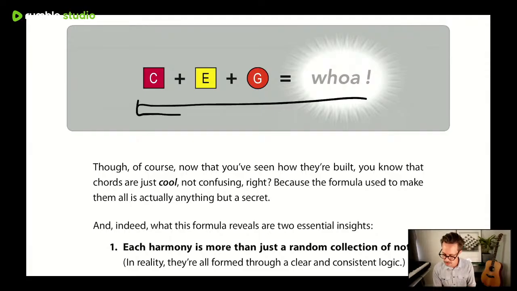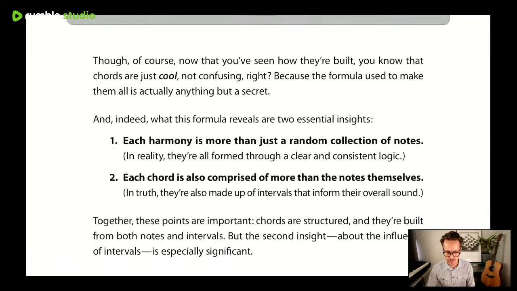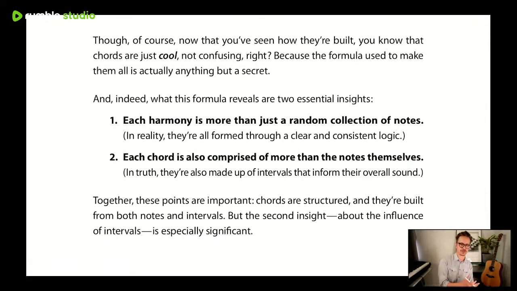But we're going to get into the underlying logic of how those were formed, and it's going to make a lot of sense. So, of course, now that you've seen how they're built, you know that chords are just cool, not confusing, right? Because the formula used to make them all is actually anything but secret.